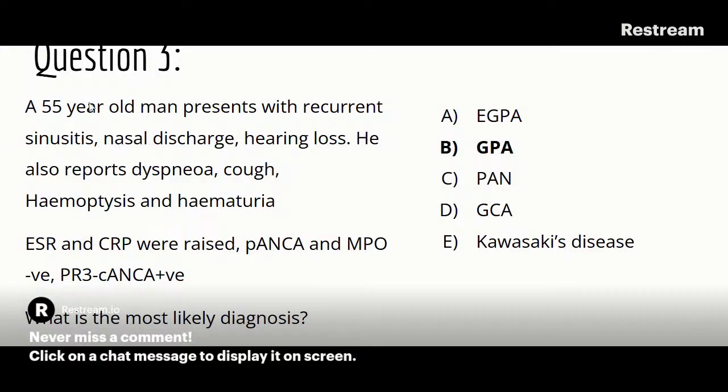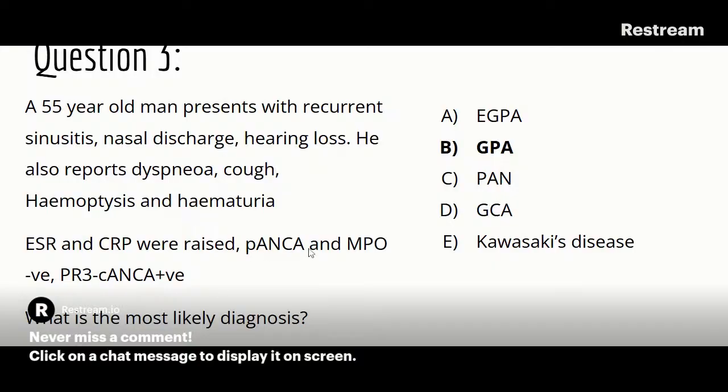We've got recurrent sinusitis, which is your upper airway, hearing loss. Could be upper airway related, could be hearing related, but all of these are upper airway symptoms. Dyspnea, cough, hemoptysis, lower airway, and hematuria. We got a classic triad: upper, lower, and renal involvement.